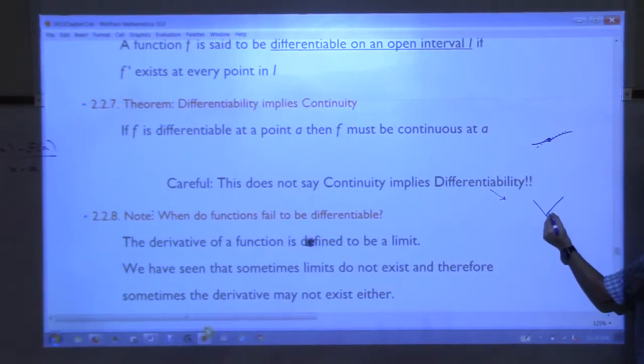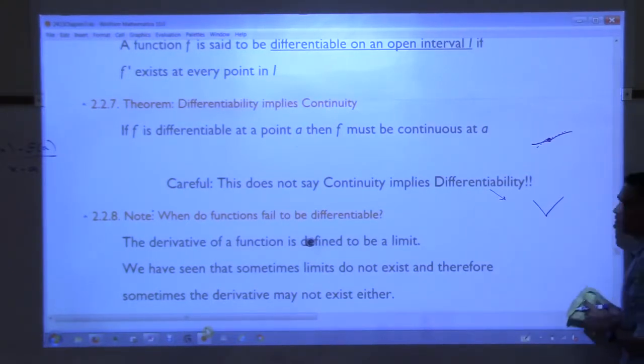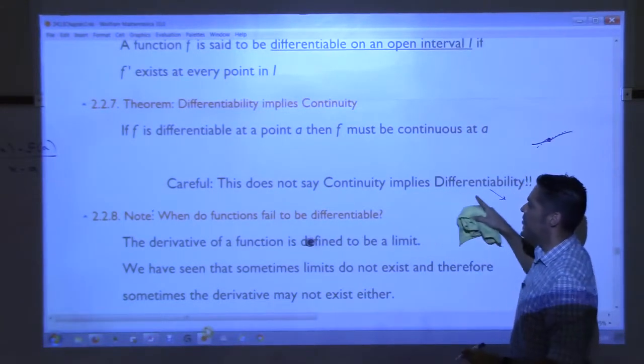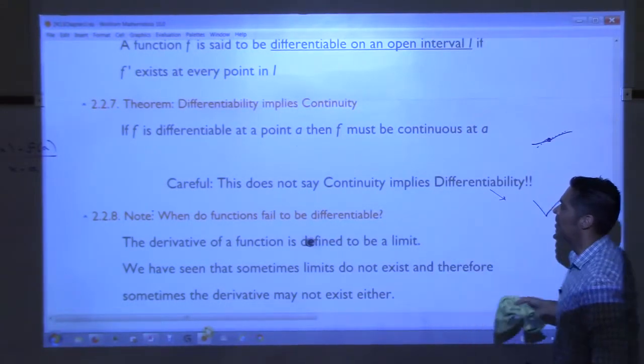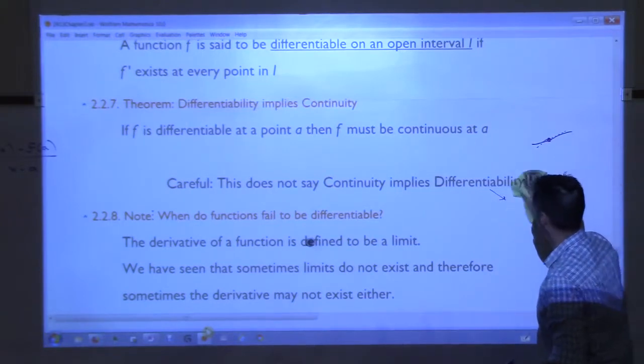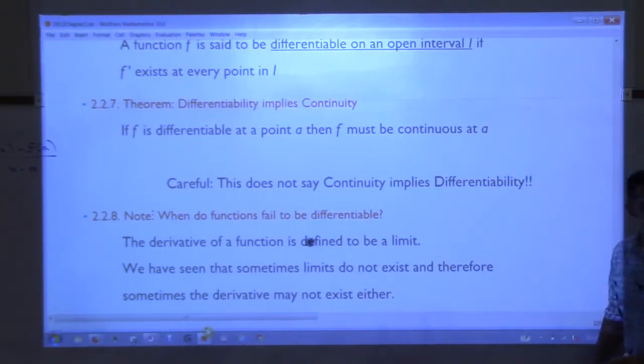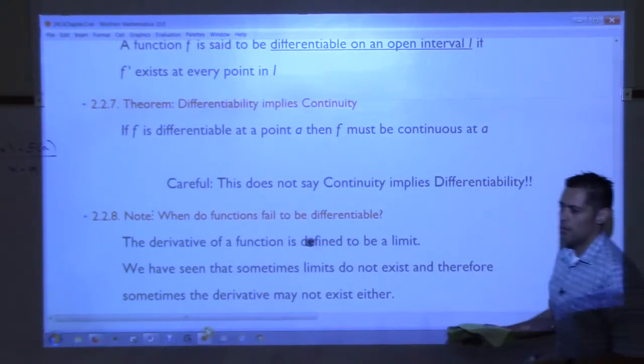Yes, it is continuous, right? But is it differentiable at that corner point? I showed you the graph of it. It doesn't exist. So continuity does not give you differentiability, but differentiability does give you continuity. Is that fair? Okay, it's a theorem. You just have to take it on faith.